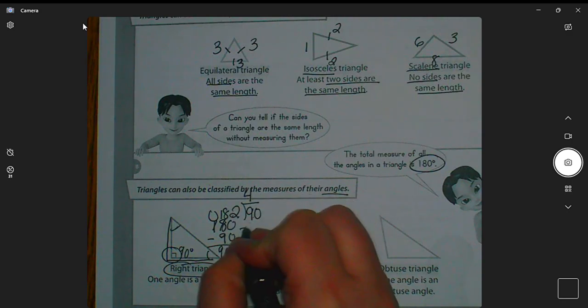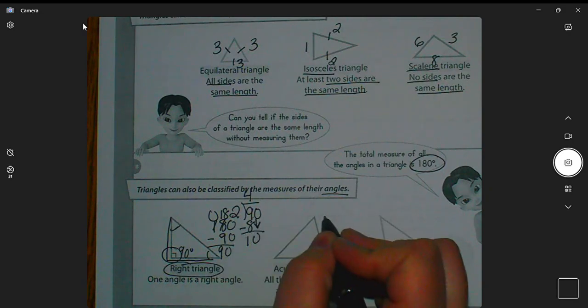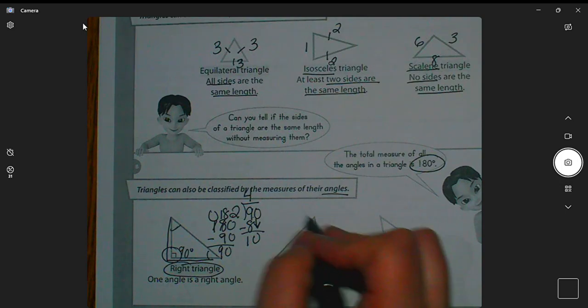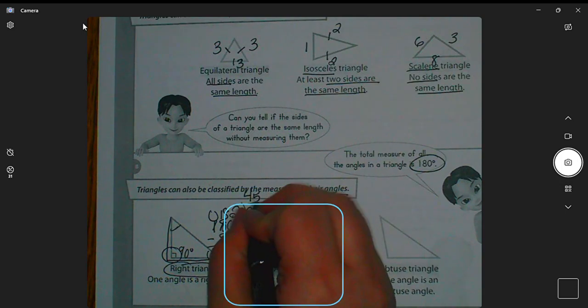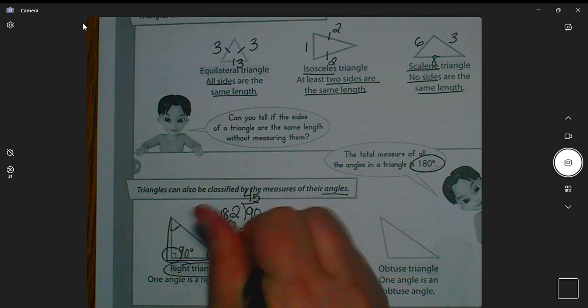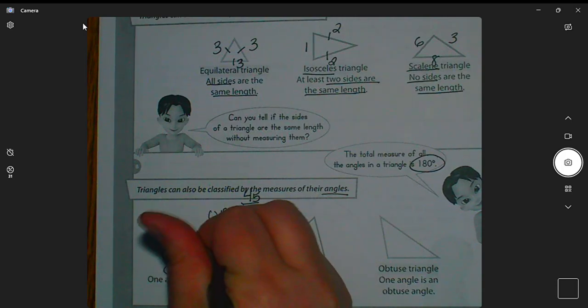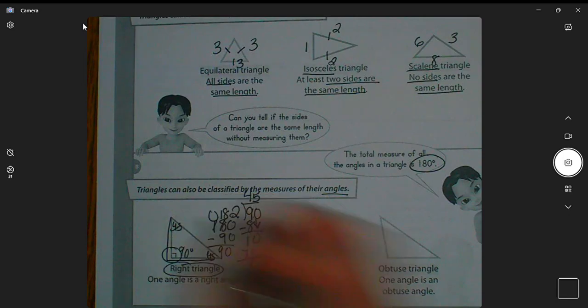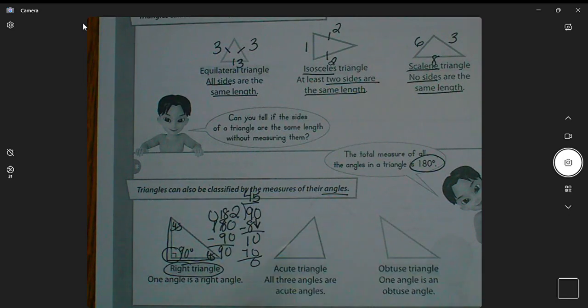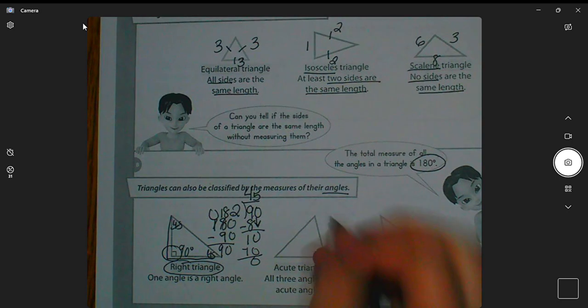Minus 8 gives me 1. Bring down the 0. 2 goes into 10 yes, 5 times. So I know that these are both 45 degrees.